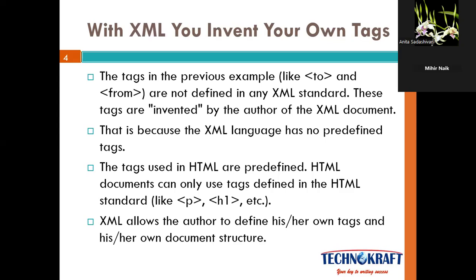Now that tag has not been predefined. The XML program understands it because it's defined that way. Now let's say something at the front end tries to access this data. If it sees this program, how will it understand which is the relevant data?